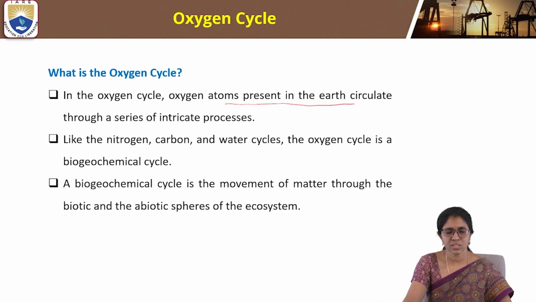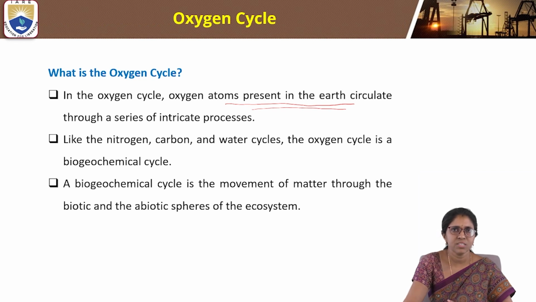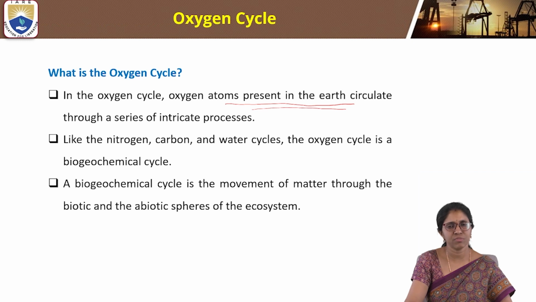The movement of oxygen takes place through the hydrosphere, lithosphere, and atmosphere. So this is called the oxygen cycle. It is nothing but the movement of oxygen from one sphere to another, like atmosphere, hydrosphere, and lithosphere.